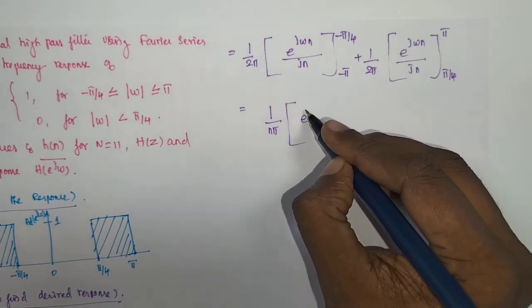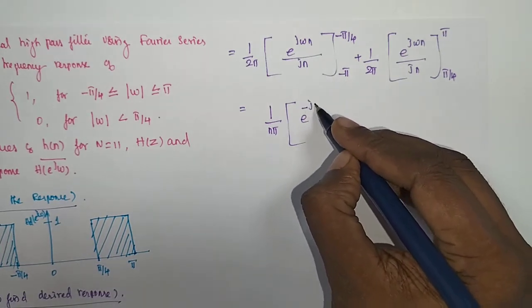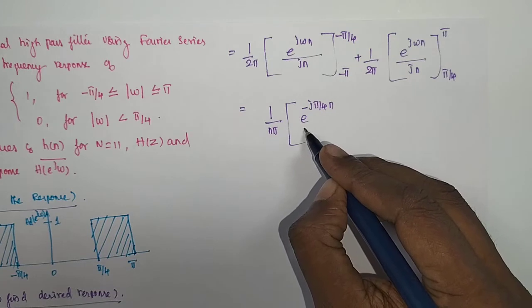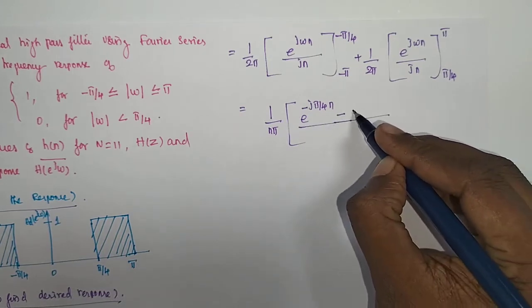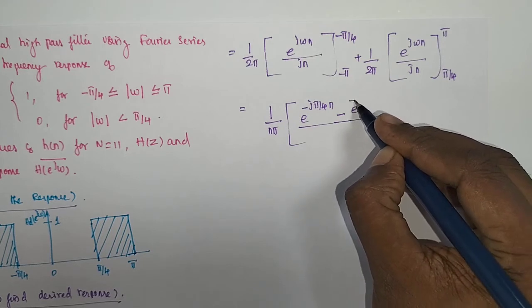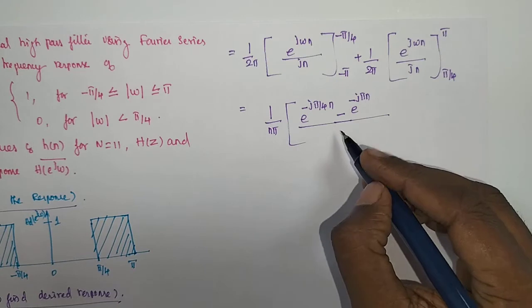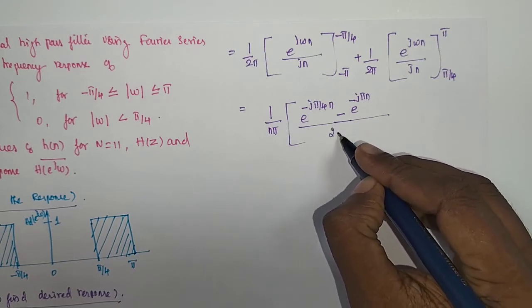Substituting the upper limit value, e power minus j pi by 4 n minus e power minus j pi n, divided by 2 into j.